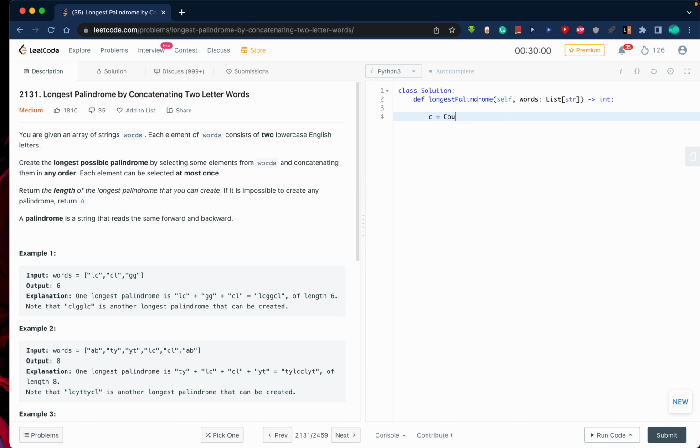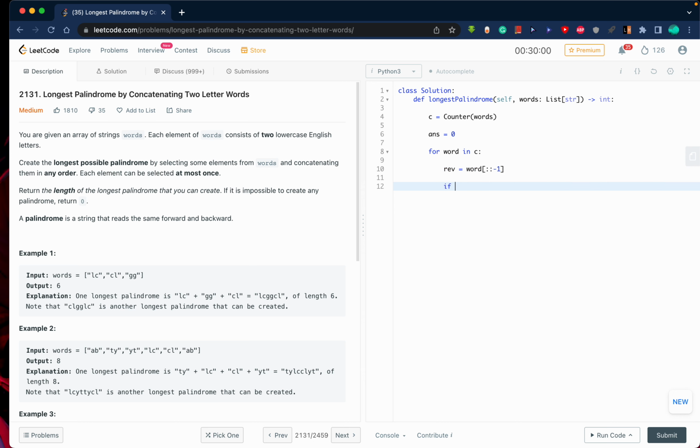So first I take the frequency of these words, and then take our answer for each word in words. For each word in the counter, which is the frequency, I take its reverse.